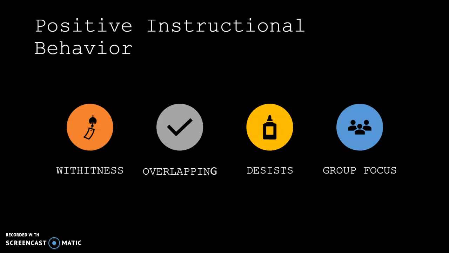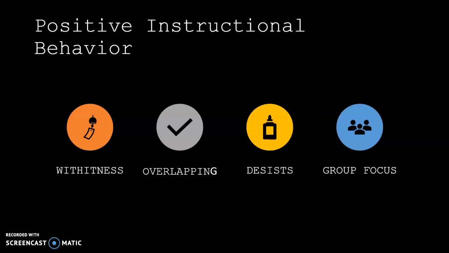Now, to begin, withitness is the teacher's ability to perceive or foresee the classroom environment. At the same time, they are able to convey to students what they want or don't want without having to pause and address the disruption.